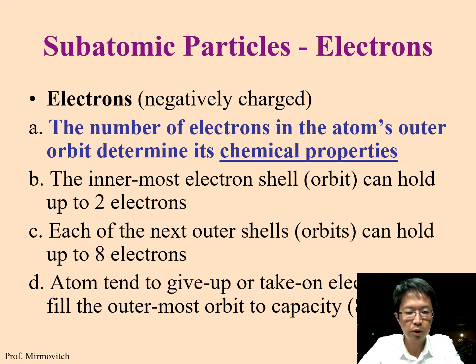So this is the point that we talk about. The number of electrons in the atom's outermost orbit determines chemical properties. The outer orbit has different names. Let me give you the different names.